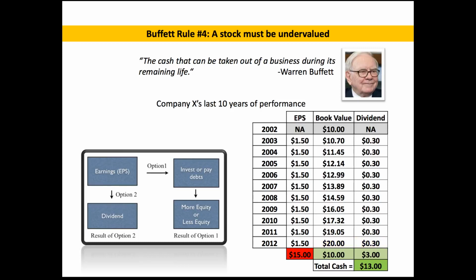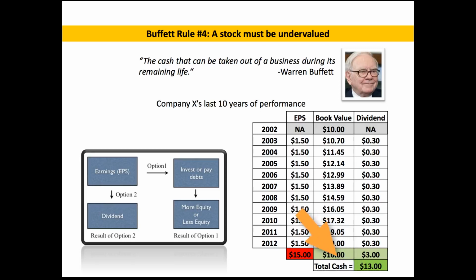And so if we sum all of the EPS that would have occurred for that 10-year period, we would have had $15. Okay? So all the profit that company received for one share would have ended up being $15. But when we look at the combination of the book value and the dividend, which we know is the result of our two different options, it only ended up totaling $13. Okay?